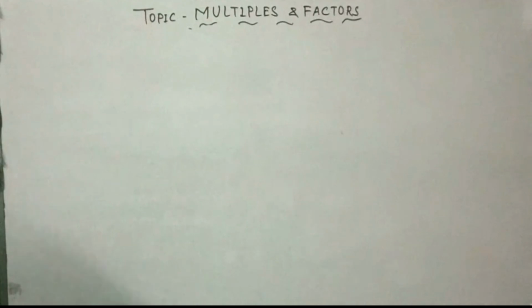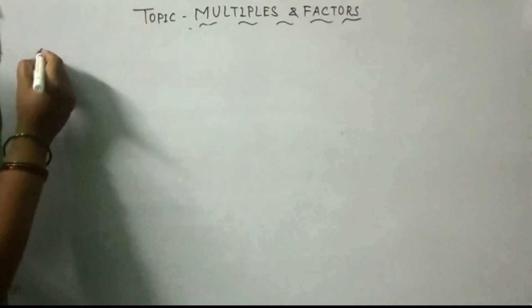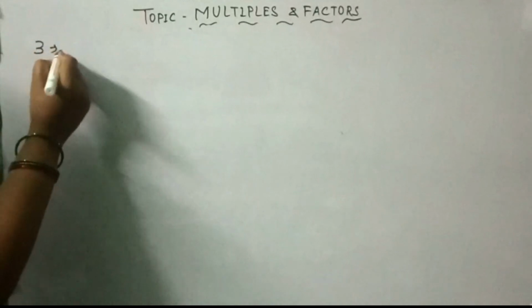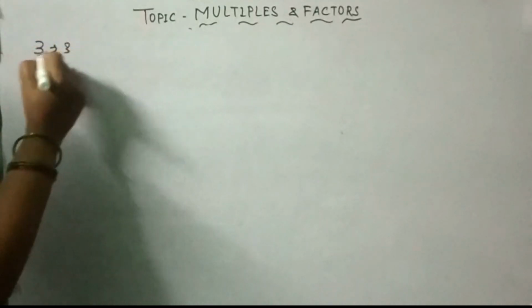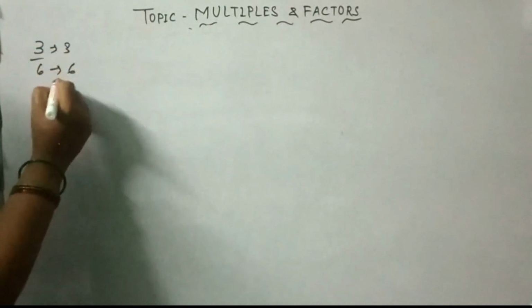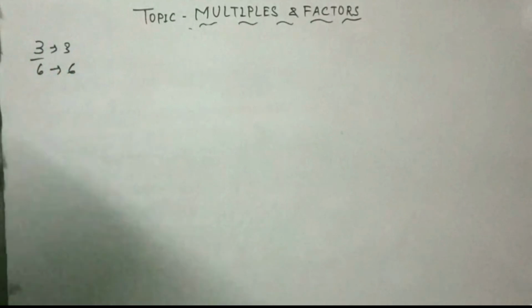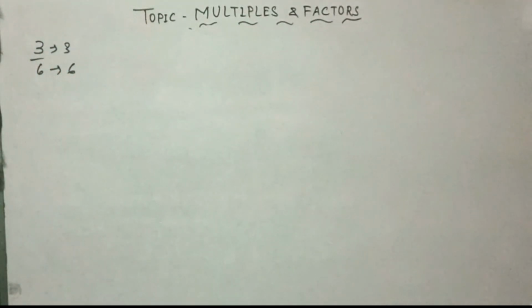It is common sense. 3 in the table of 3 gives 3, and 6 comes next, so it is a factor of itself. Is there a number which is not a factor of itself? No. There is no number which is not a factor of itself. This type of question is given in your book. In notes I will give you.